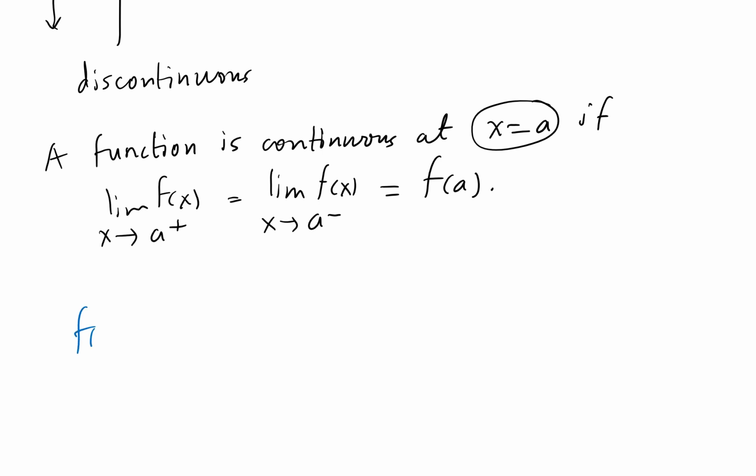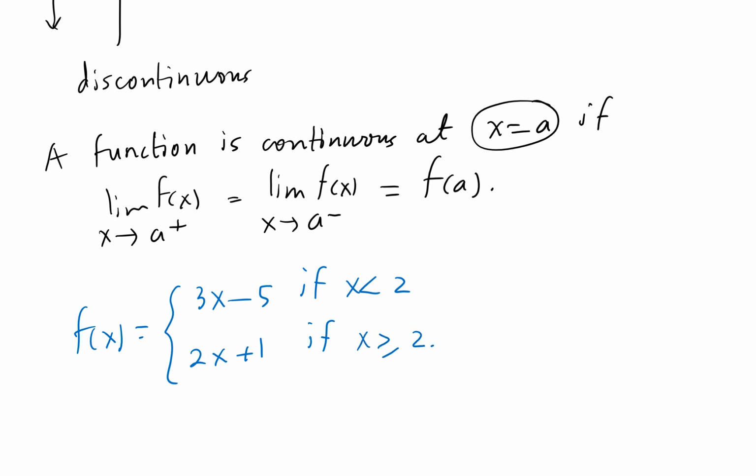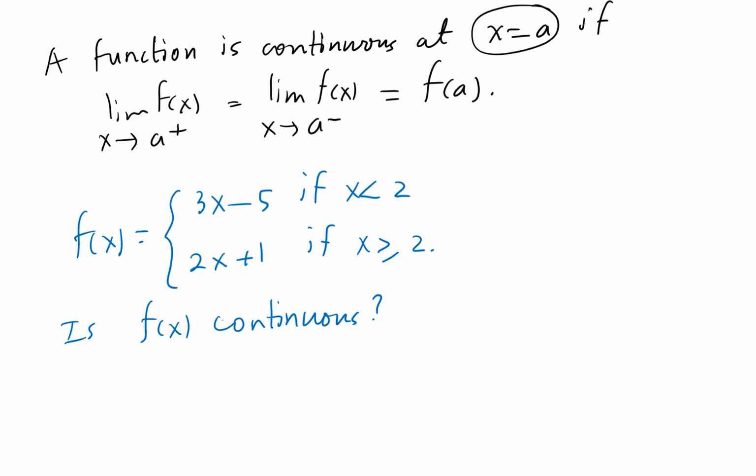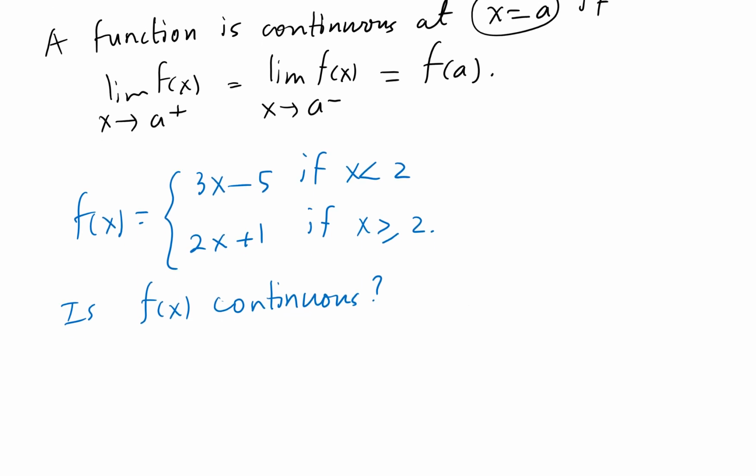So let's say we have function f of x, 3x minus 5 if x is less than 2, or 2x plus 1 if x is bigger than or equal to 2. Is f of x continuous or not? We know this is a straight line, it's always continuous, and this is another straight line, also continuous.